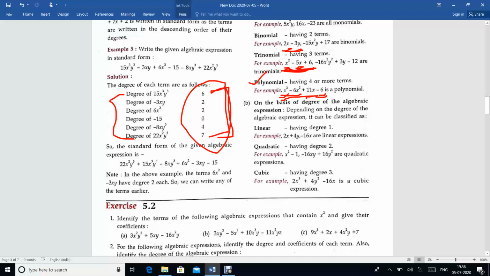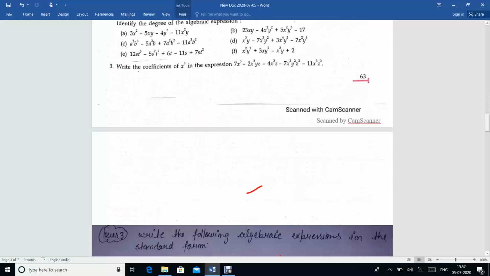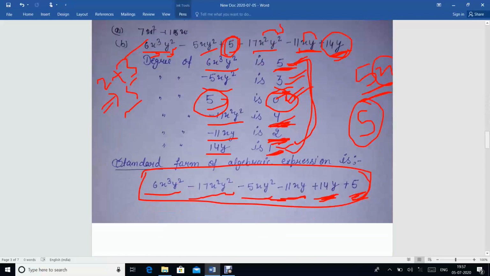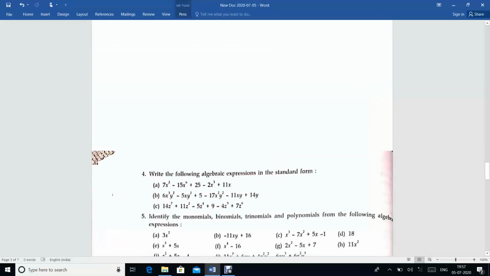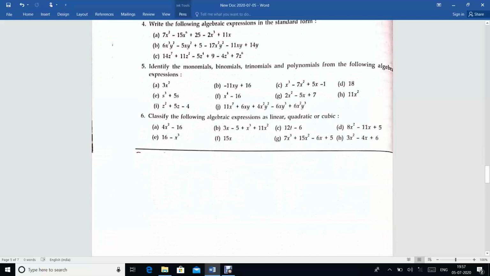See the question from your book exercise on the basis of these algebraic expressions. Question number 5 is saying identify the monomials, binomials, trinomials and polynomials from the following algebraic expressions.